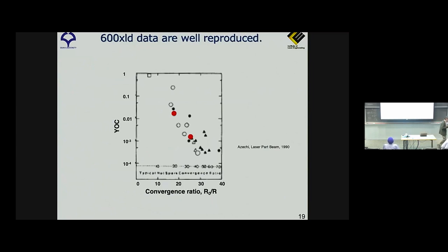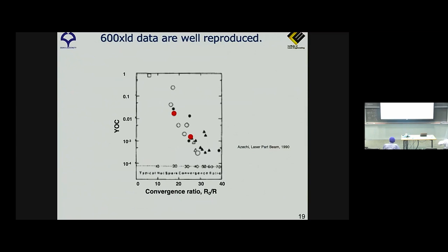The data was very old, from when I was 38. But I took that data and compared it with the newly developed theory, and you can see here the agreement. That is a YOC. YOC is the neutron yield divided by the 1D predicted neutron yield.